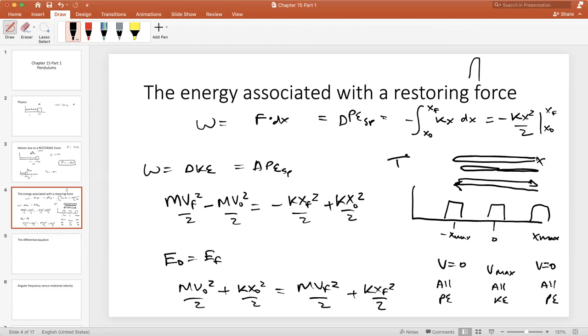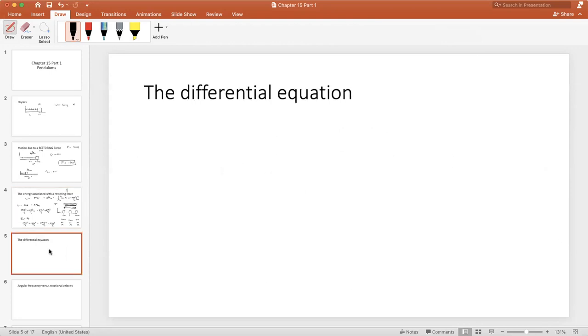It's kind of hard to tell what the velocity and position are at any time without knowing what the total energy of the system is at some time, and we could honestly find that if we wanted to, but there's a better way to figure out what the displacement of the particle is at any time and what the velocity is of the particle at any time. So doing that is something called a differential equation.